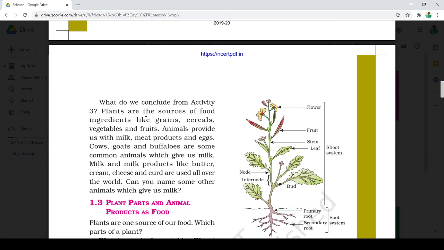We get milk from goats, cows, and buffaloes. Milk and milk products like butter, cream, cheese, and curd are used all over the world. So here is a small question for you all. Can you name some other animals which give us milk?